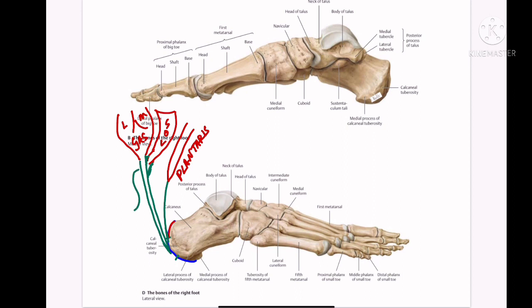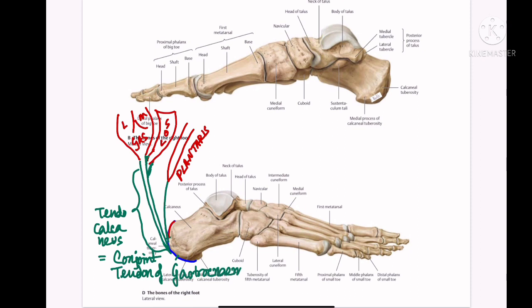So tendocalcaneus equals the conjoint tendon of gastrocnemius plus soleus. Okay.